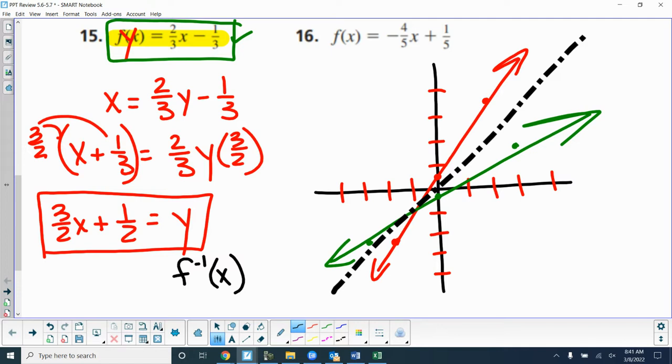If I had graph paper and drew it really nice, right? But that's what happens when you graph: it should reflect about that dashed y equals x line. Okay? Any questions on that type of problem?